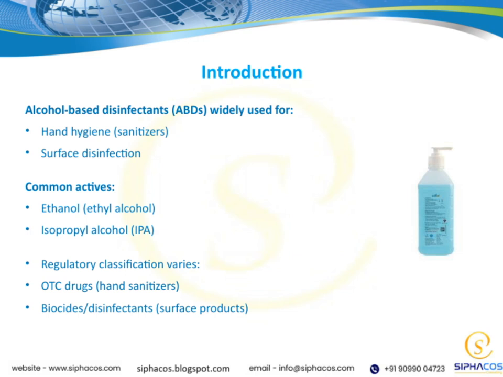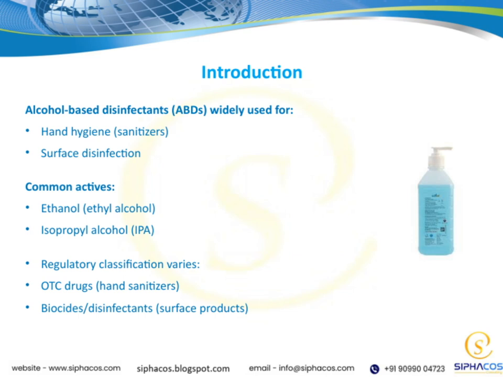infection control. Now, an important point to remember is that the regulatory classification of these products can differ depending on their use. For instance, hand sanitizers containing alcohol are often classified as over-the-counter drugs, meaning they're regulated as medicinal products. On the other hand, surface disinfectants that contain alcohol are generally categorized as biocides or disinfectants, which are regulated under different standards.